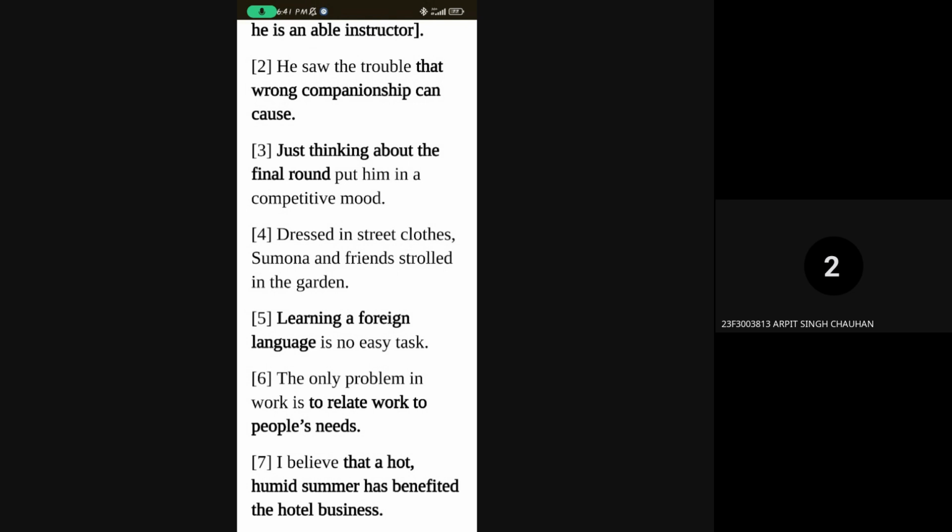Now, one problem with adverbial clauses is that they sometimes appear like this. They may not give you a proper subordinating conjunction or something, right? But we'll have to guess it from the context and the meaning of the sentence. So that guesswork has to be done in this case.